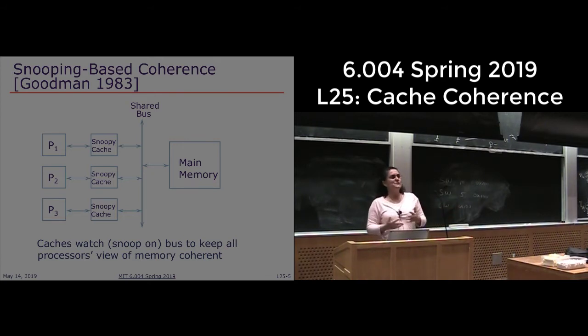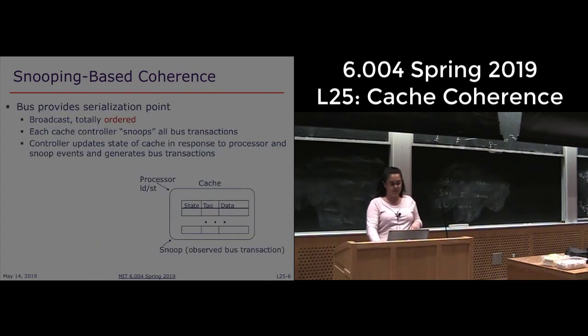Now, in a snooping-based cache system, you actually have two masters. In addition to listening to all the requests of the processor, you also have to listen to all of the requests that are coming on the bus, okay? And so in order to keep our caches coherent, we need to make sure that we're a slave to these two masters.